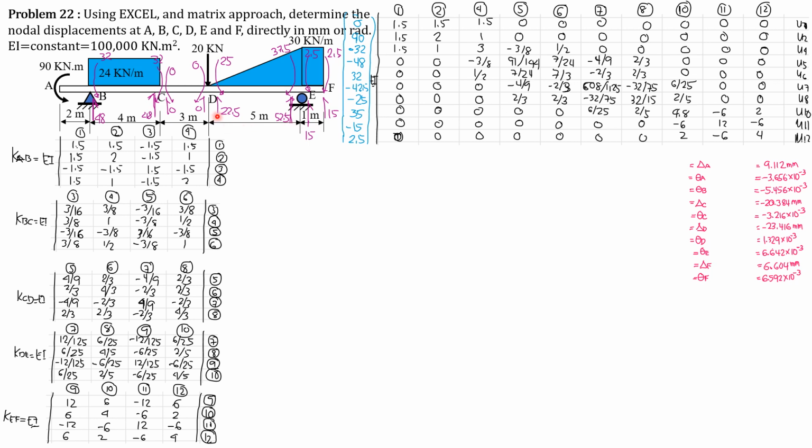Then the fixed force here is found by summation of moments about E equals 0. So fixed force DE times 5 plus 37.5 is equal to 25 plus 1/2 of 5 times 30 times 1/3 of 5, or 5/3.